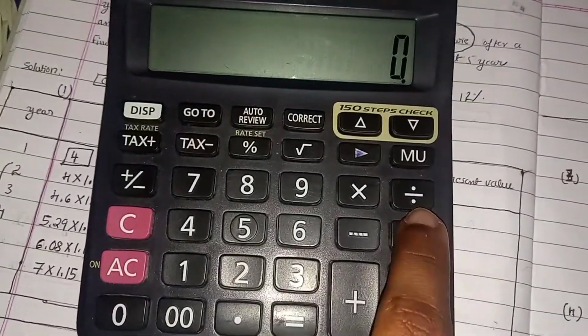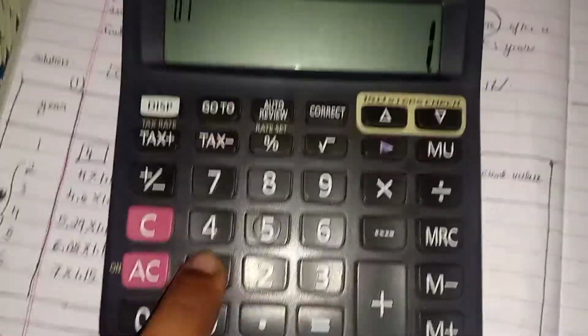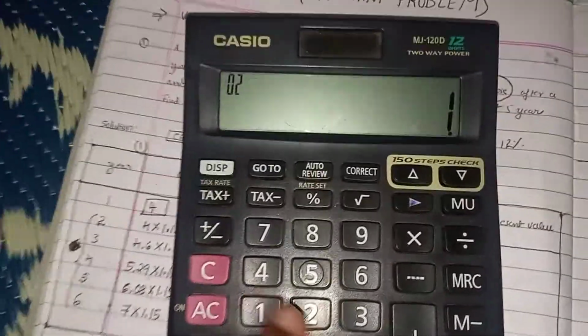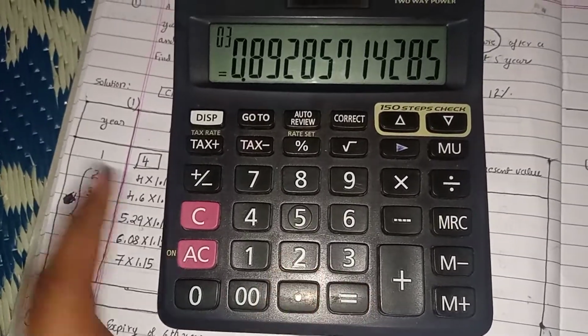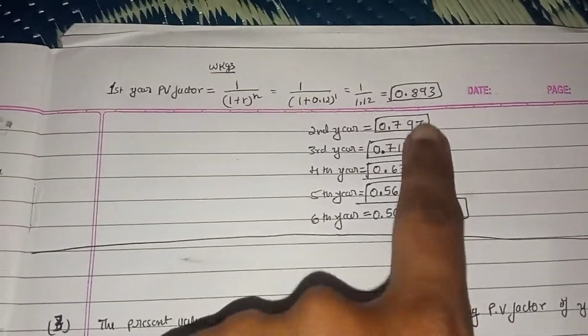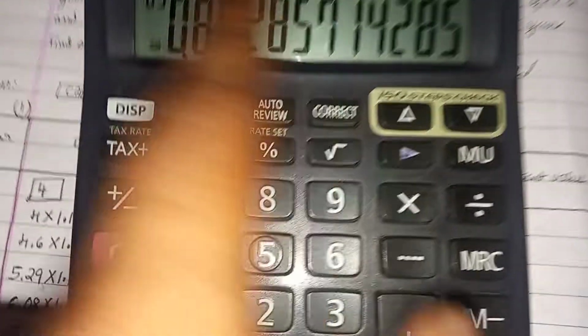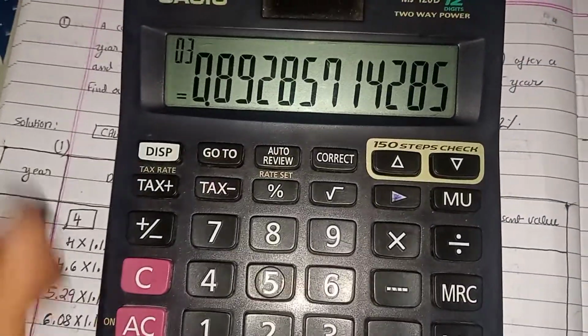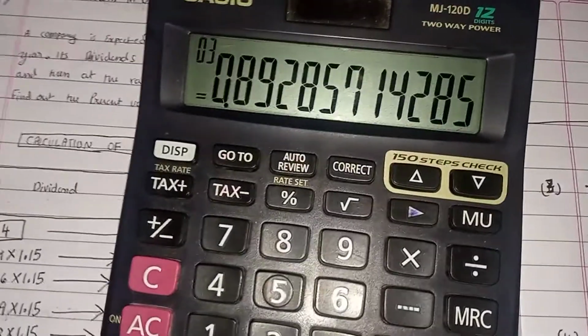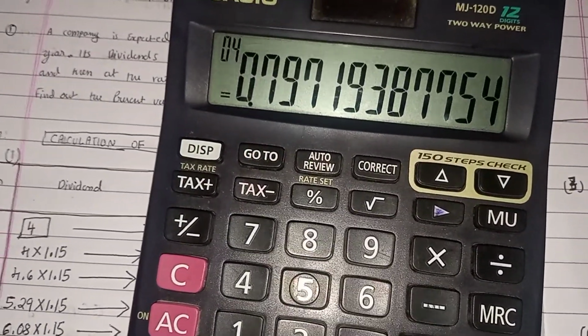First you have to reset your calculator. So 1 divided by 1.12, if you set it, see 0.892, 0.893. Here you have to round off to 3 decimal points. If you round off, you will get 0.893. You will get the PV factor for consecutive years.